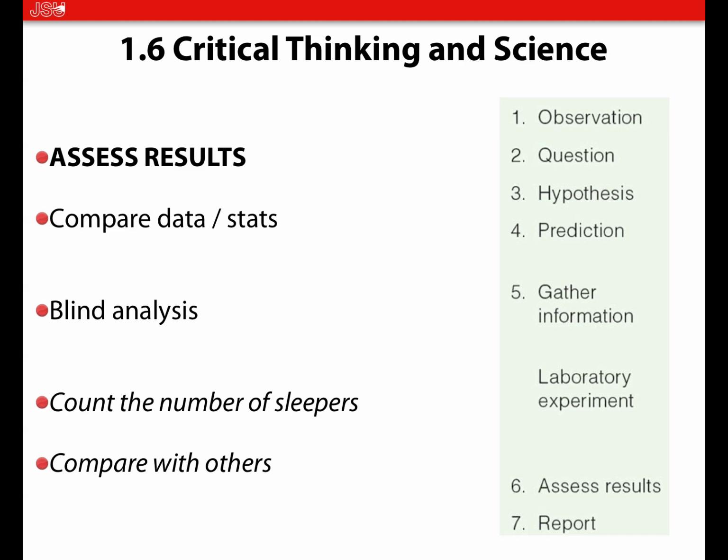Okay. Next is assess results. Kind of what I said before, we take the data from the experiment and we do an analysis. Some people go to this extreme of having another person assign unknown numbers to a set of data. For example, I might have collected data from 2 different conditions, right?